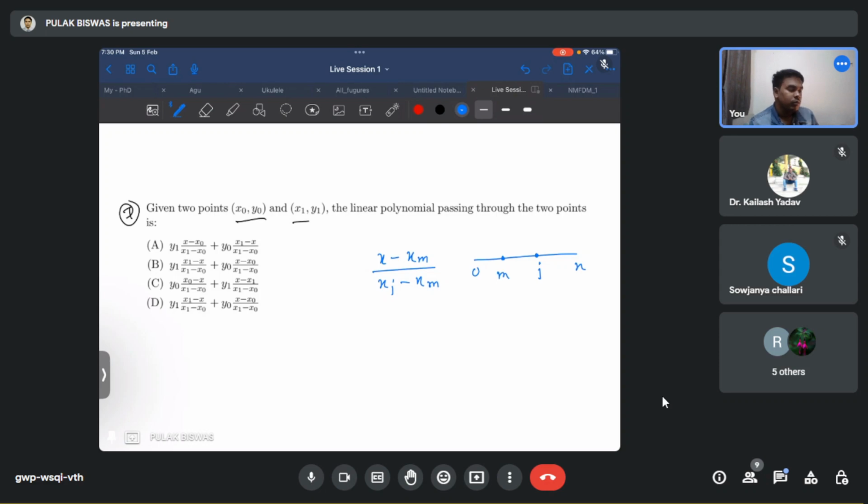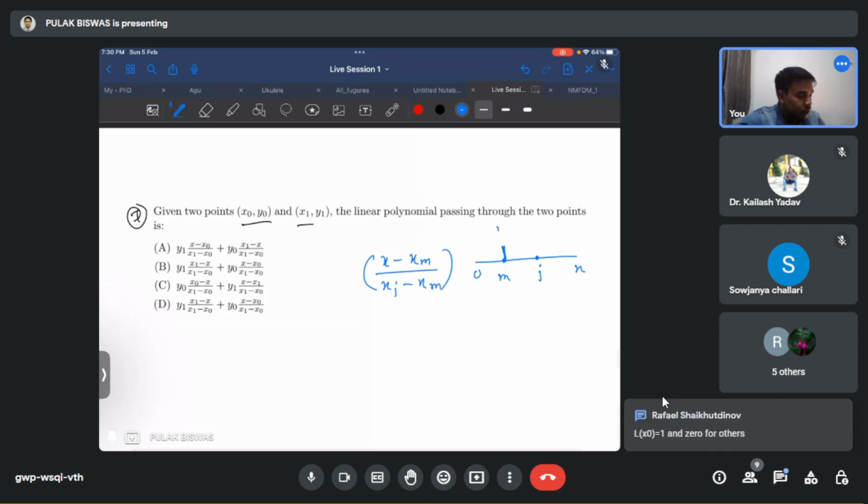So this polynomial's value for the mth position will be such that it is 1 here and 0 here. Again for the jth location, it will be 1 here and 0 here.